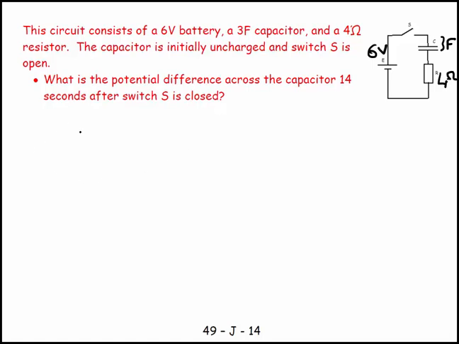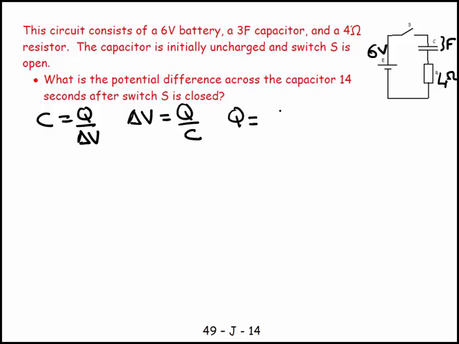So let's begin by saying that C is equal to Q over delta V, so delta V equals Q over C, and I want to find my Q at 14 seconds after the switch is closed.